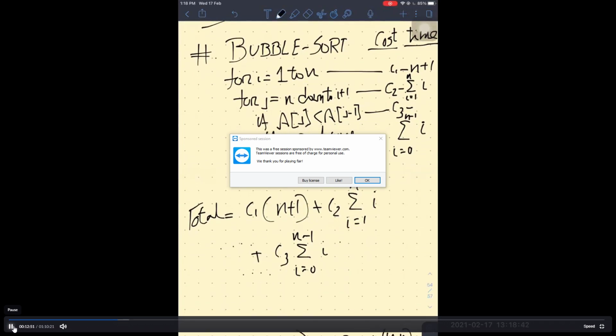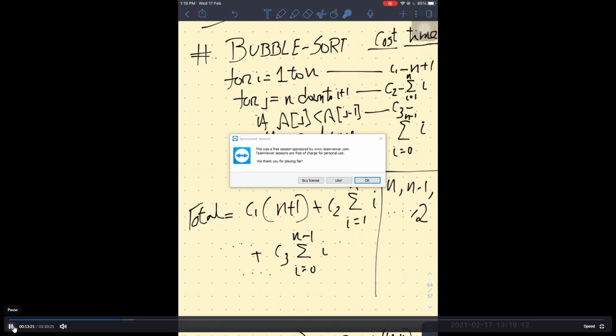No, no. For this inner for loop, as I have shown earlier, this inner for loop for j will run for n, then n minus 1, then all the way down to 2. It will also run once more to check whether the condition is correct or not.